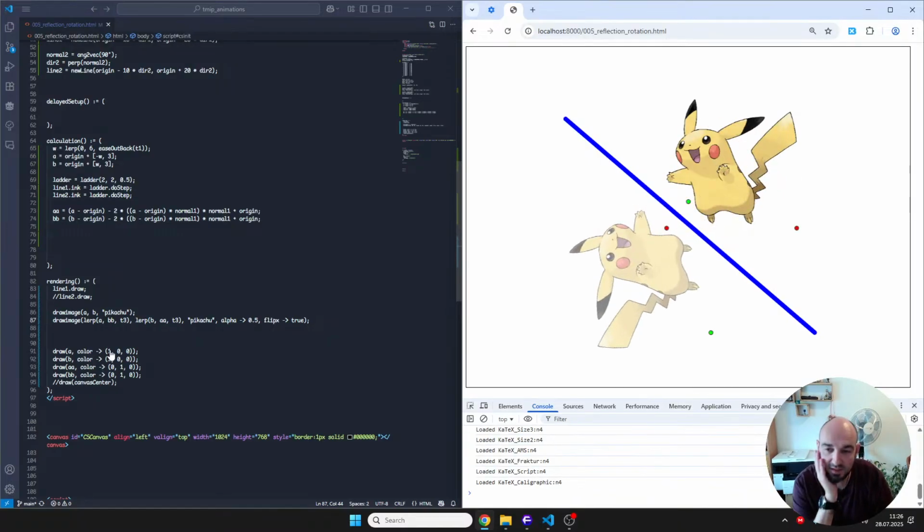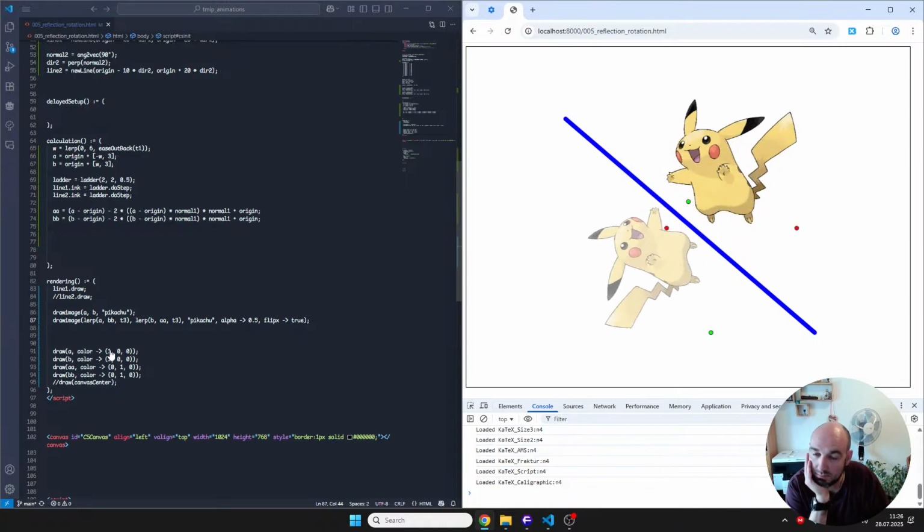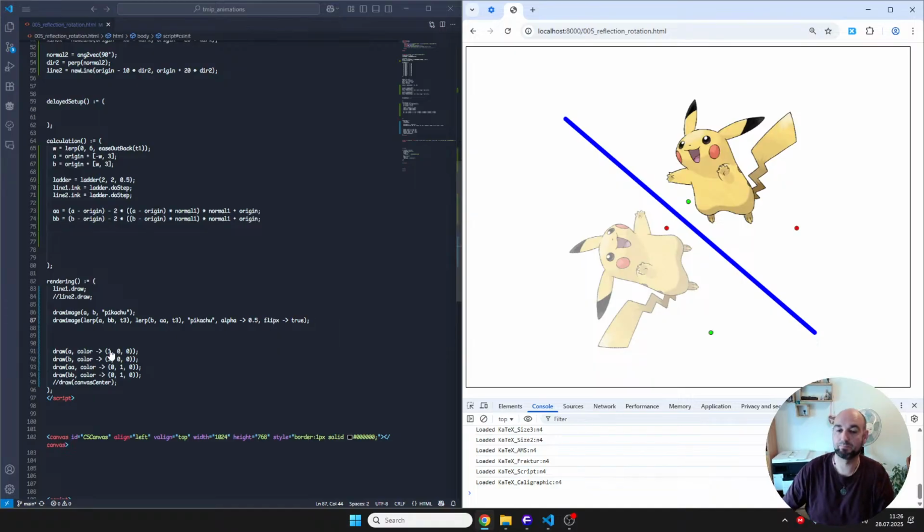I very naively assumed it would look like a mirror process, but that's maybe not the case. Why is it not? That is very frustrating.